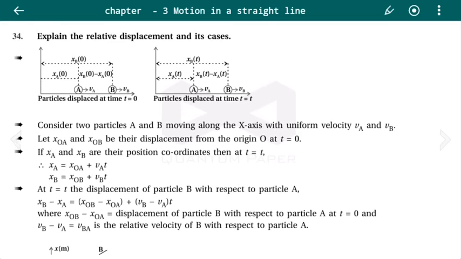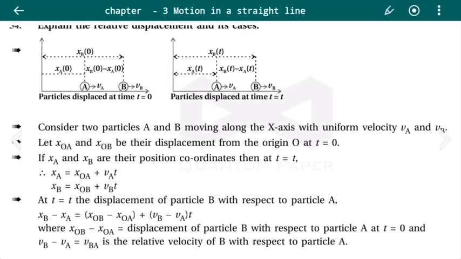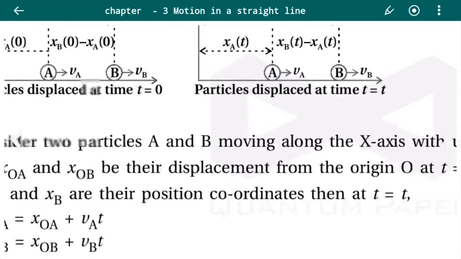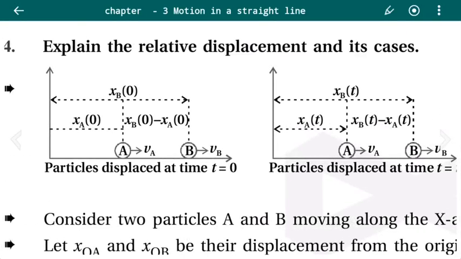Here we are considering two particles, particle A and particle B, that are in motion, and the positions of the particles A and B are taken along the x-axis, and the velocities of the objects A and B are VA and VB respectively. So as you can see in figure 1, the particles are displaced at time t equals 0.